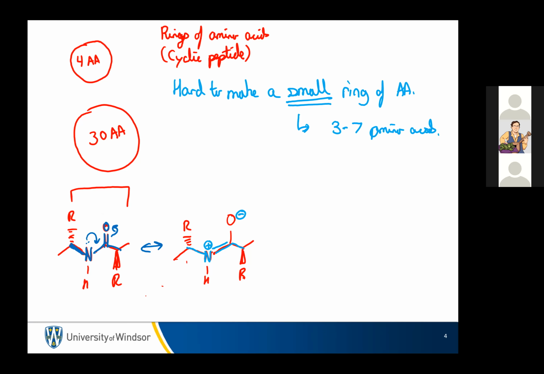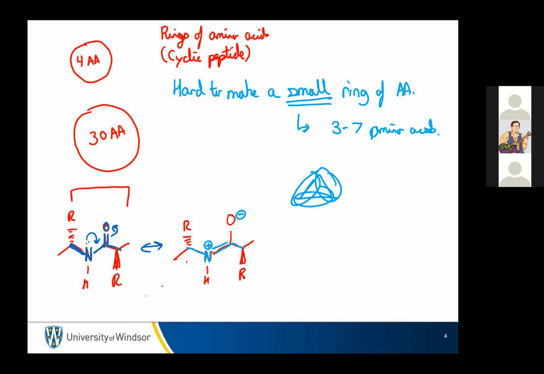But the smaller you are, actually, the harder it is. And for 3, you can almost think of it as like a triangle, because the amino acids are almost pretty rigid. And so it's actually pretty hard to make that triangle. Everything's always about geometry in the end.